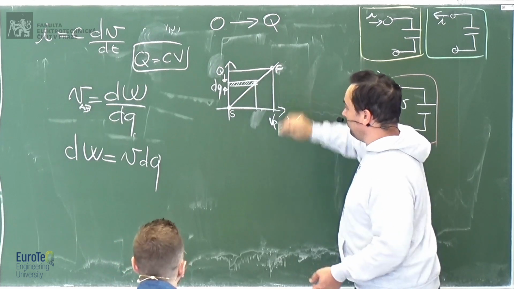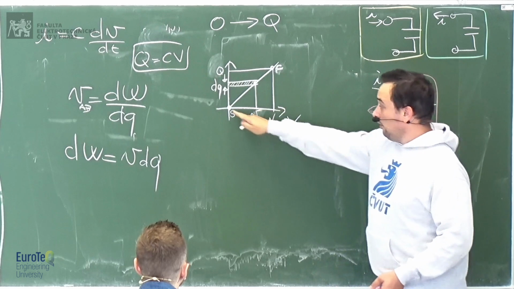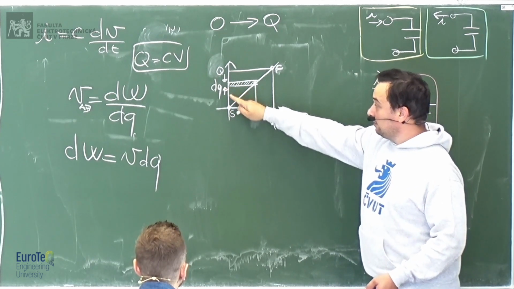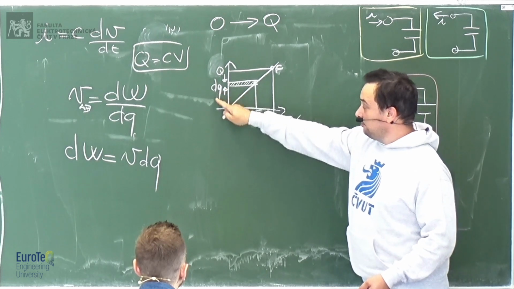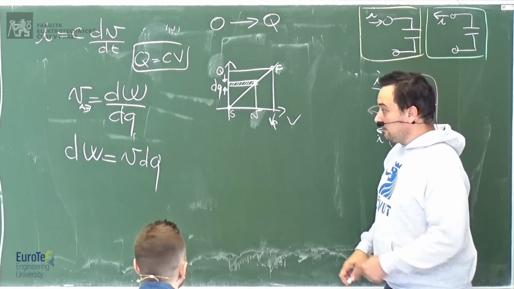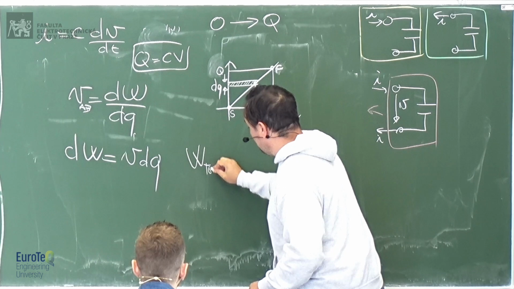We start from here to here. We have to integrate for all these slices the elementary work done, which at each point is dq times v. So we need the total work, the total energy that you put inside.